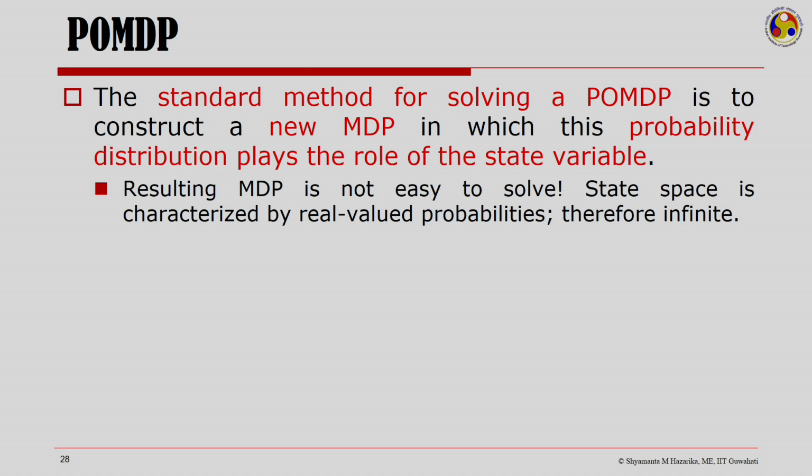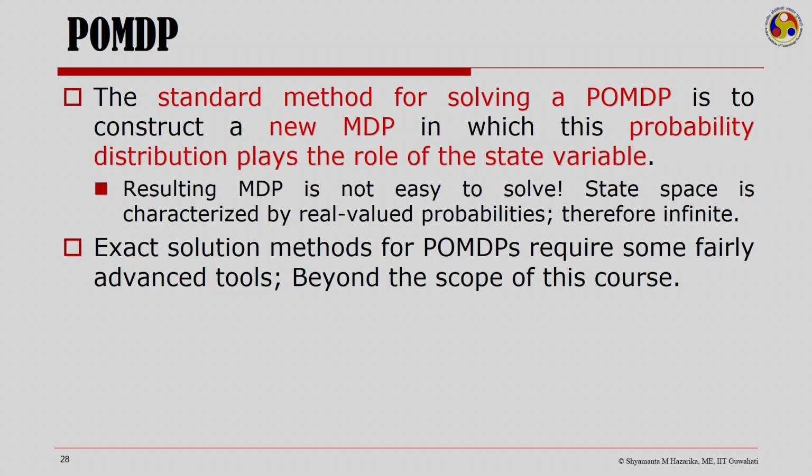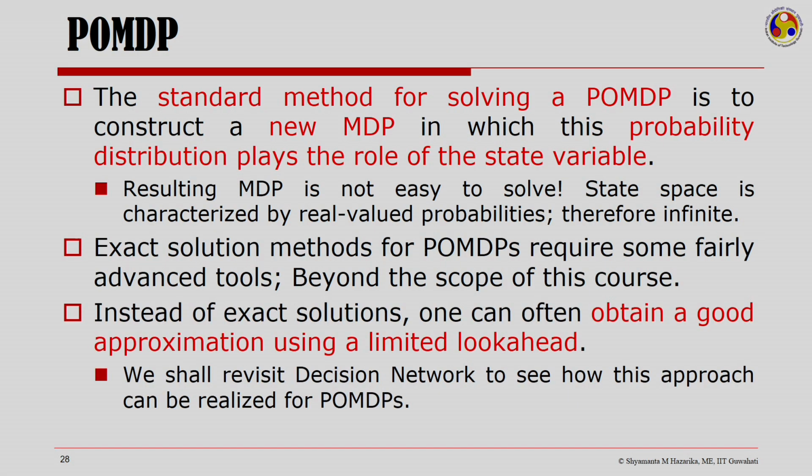This is because the state space is characterized by real valued probabilities, and this makes it infinite. Exact solution methods for partially observable Markov decision problems require some fairly advanced tools and are beyond the scope of this fundamental course on artificial intelligence.